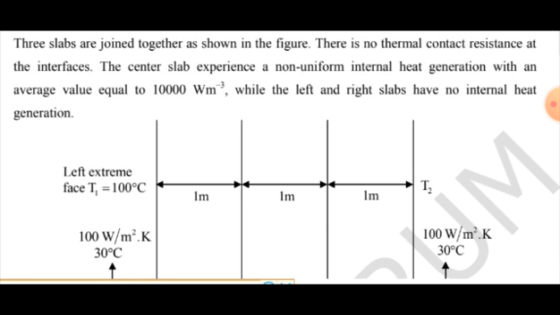That is why they have given the heat transfer coefficient, and the atmospheric temperature is 30 degrees Celsius. T1, the left extreme face temperature, is 100 degrees Celsius, but the right surface temperature of slab 3 is T2, which is what we have to find.